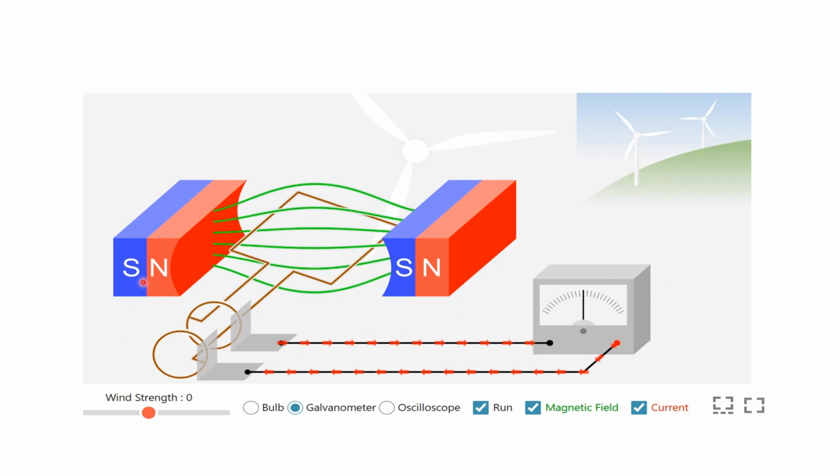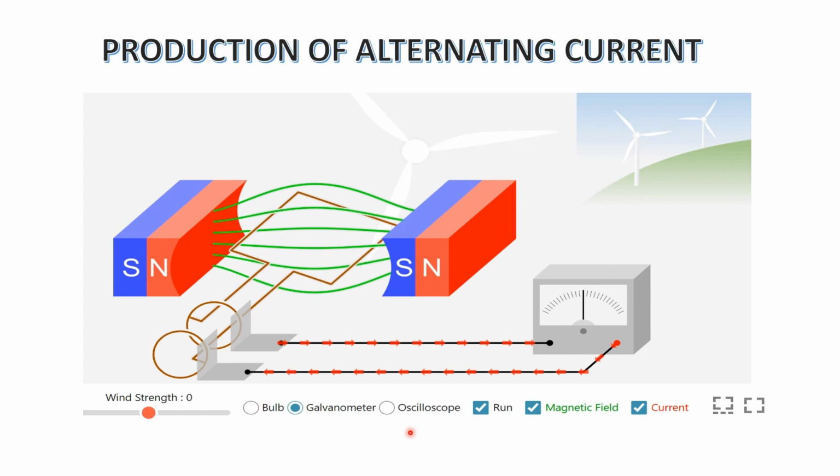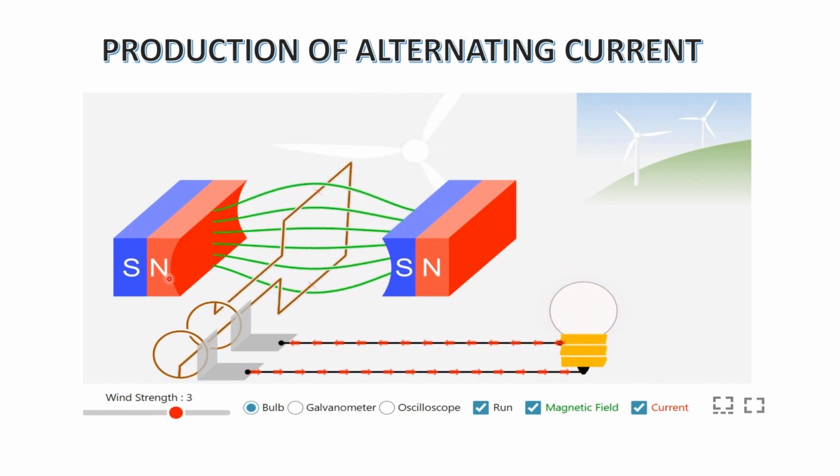Basically this video shows the setup where alternating current is produced. You have a generator, where the basic part is the magnet, and a coil rotating in this magnetic field.